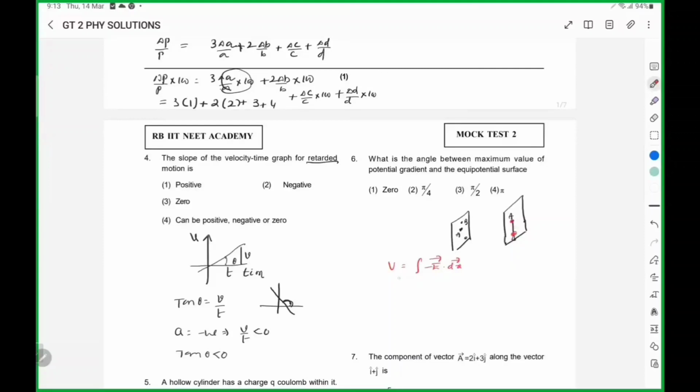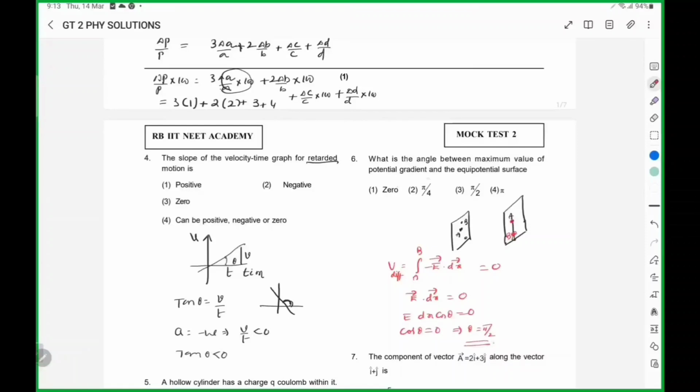So here it is the potential difference from A to B, let us say. So this is 0, which implies E dot dx is 0. So E dx cos theta is 0. Since neither E nor dx is 0, cos theta is 0. That means theta is 90.